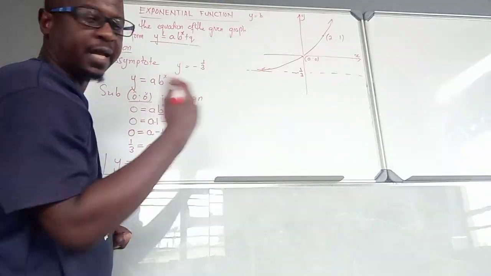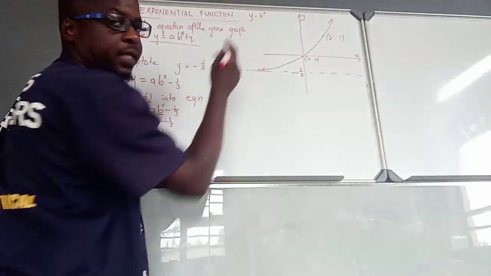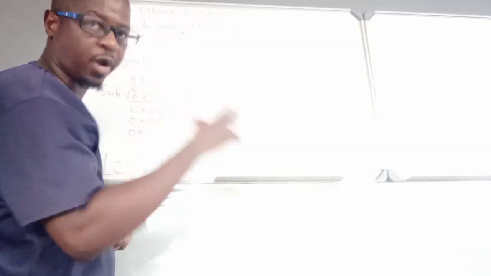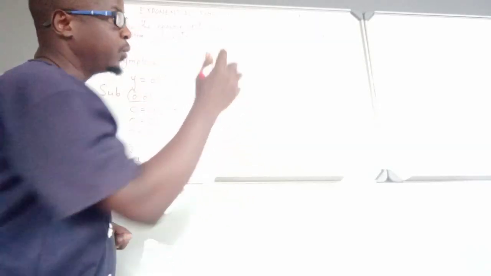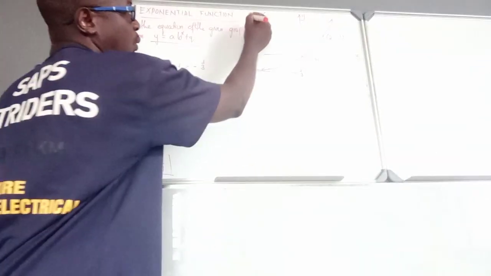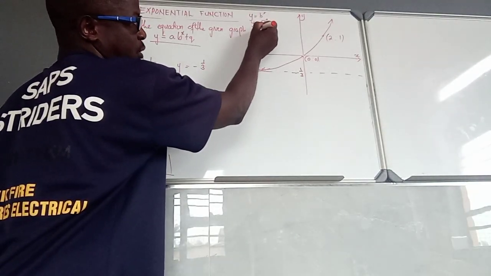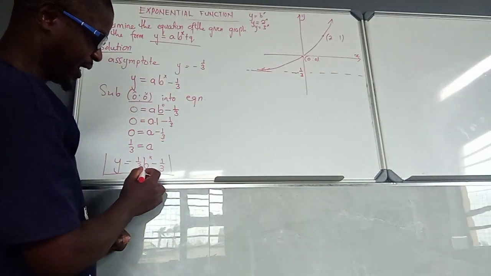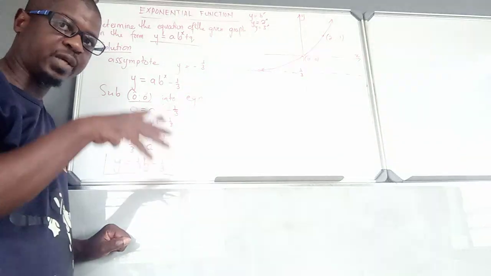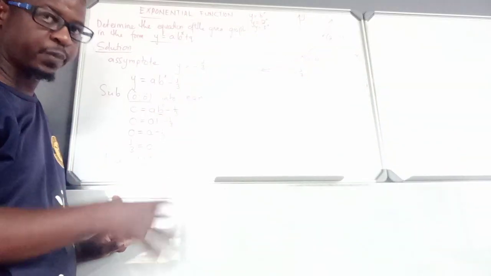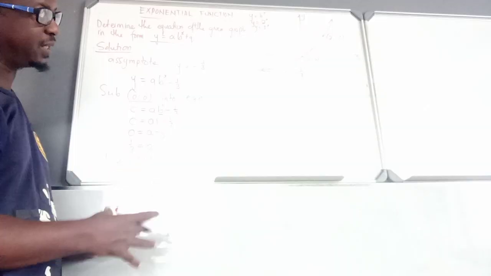When it becomes a real exponential equation, we don't leave it in the general form. We would rather write a number, like this: y is equal to 3 to the power. There has to be a number here, so we need to find what that number is now. And how do we go about finding the number?